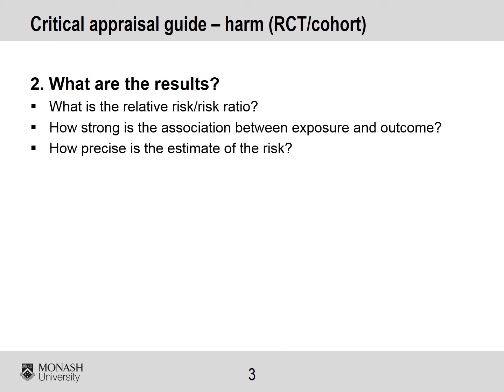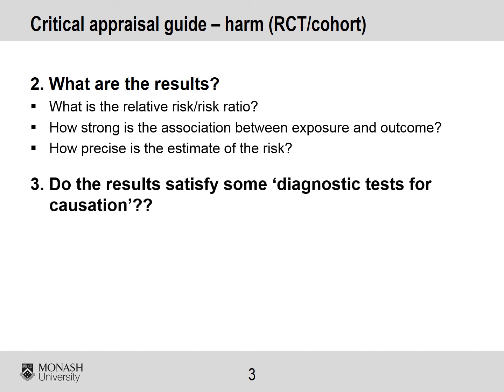And thirdly, how precise is the estimate of risk? Again, that's focusing on the confidence interval. Keep in mind the width of the confidence interval, what that can tell you about the sample size of the study, but also whether or not it includes one, if we're looking at relative risk, if it's above one, below one, what that means.